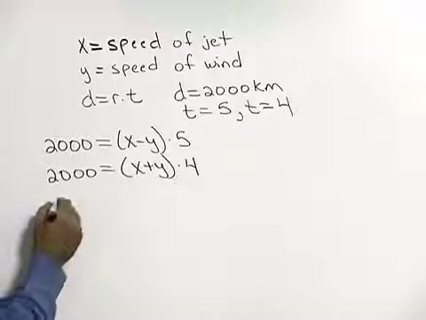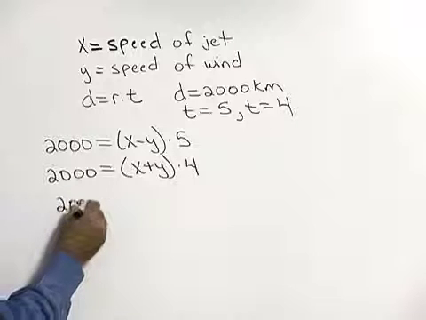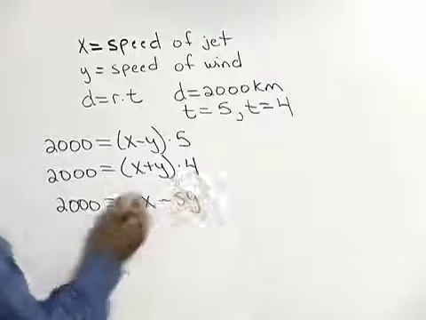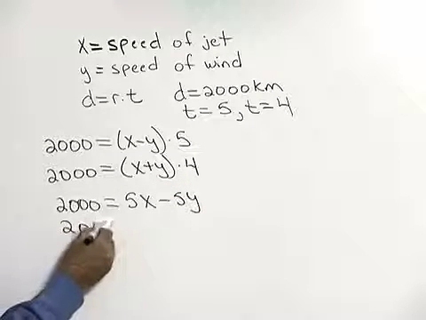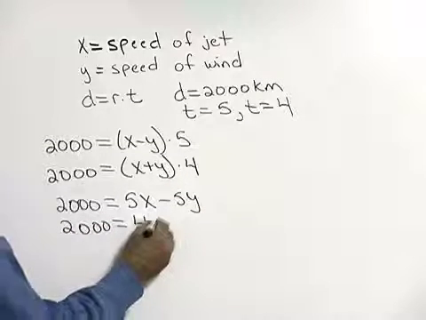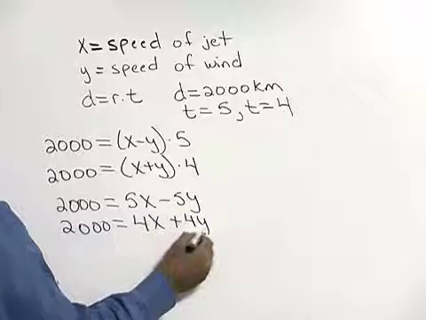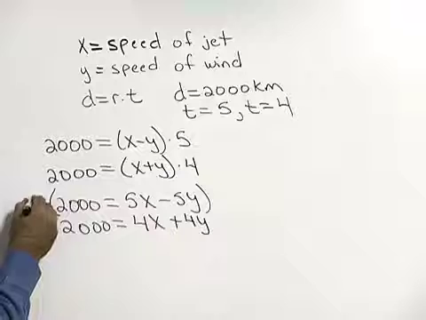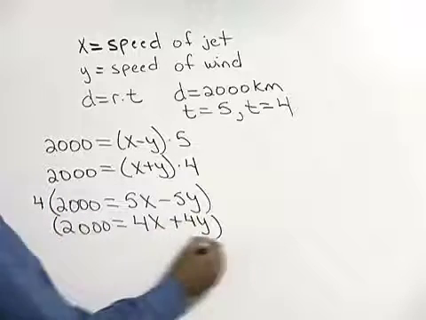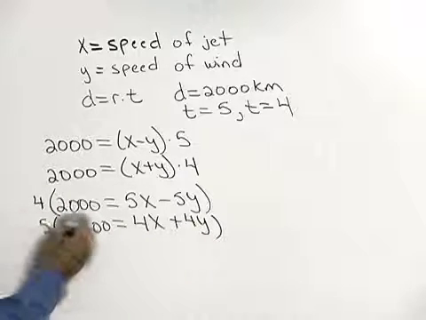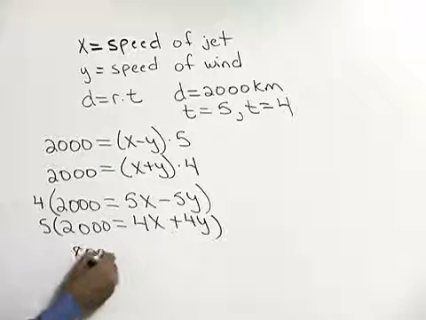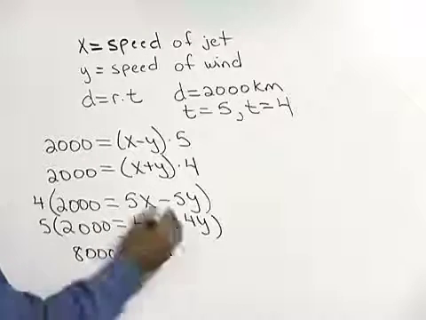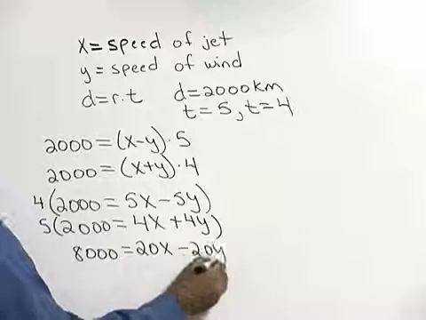So let's now clear parentheses. We'll have 2,000 is equal to 5x minus 5y. Our second equation will be 2,000 is equal to 4x plus 4y. So let's get rid of our y's. If we multiply the first equation by 4 and the second equation by 5, we get 8,000 is equal to 4 times 5 will be 20x minus 20y.